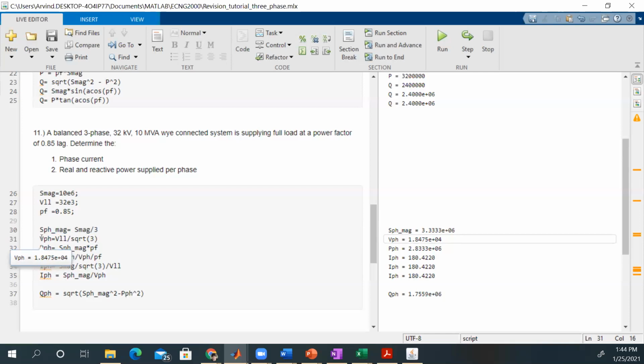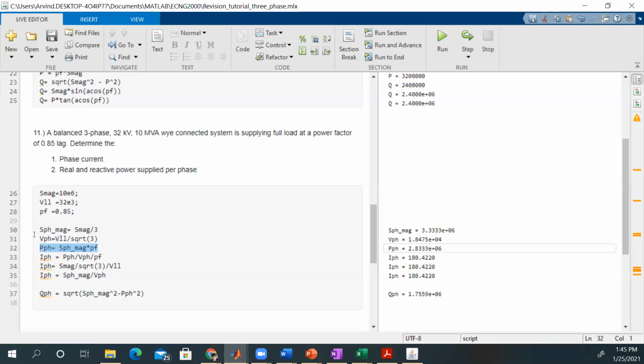So the magnitude of the per phase voltage is the line-to-line voltage divided by √3 because it is a star system. So I got my per phase voltage, and then the power per phase, I found it as the S per phase magnitude multiplied by the power factor. Remember, P is equal to power factor by S, right?